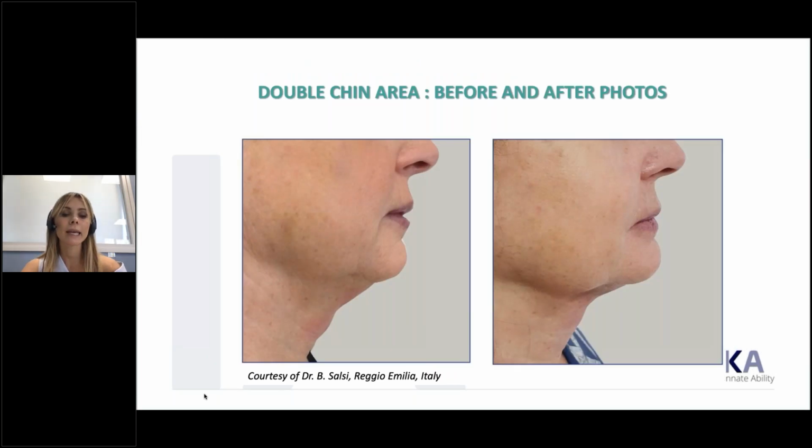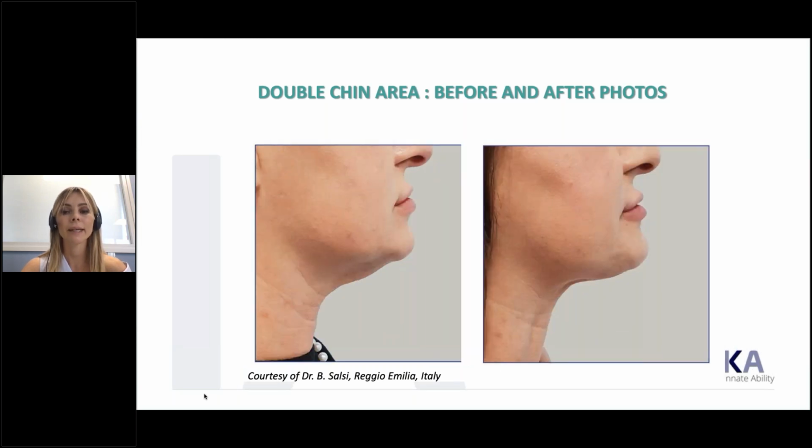Here you can see the improvement of the laxity of the skin. And here this patient had a very important loss in weight. So she had this laxity and localized adiposity. So after 4 treatment sessions, she had this improvement.